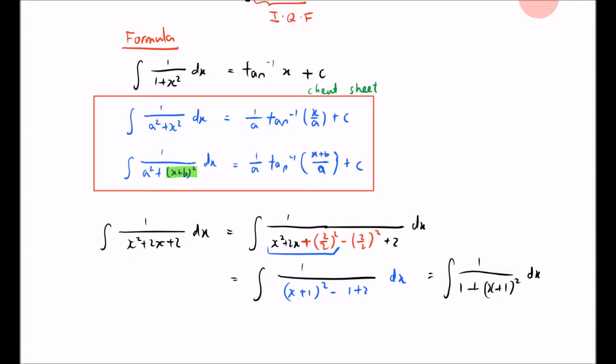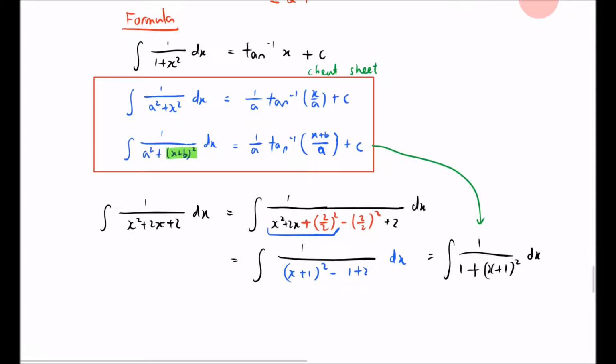Okay, so you can use this formula, this one. It means in this case your a is 1 and your b is also 1. So you get 1 over 1 tangent inverse of x plus 1 over 1, plus c.